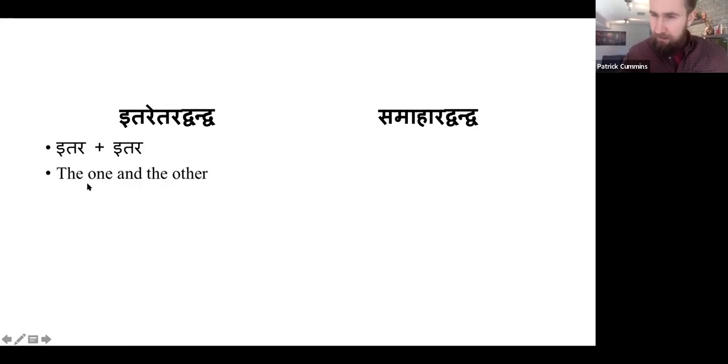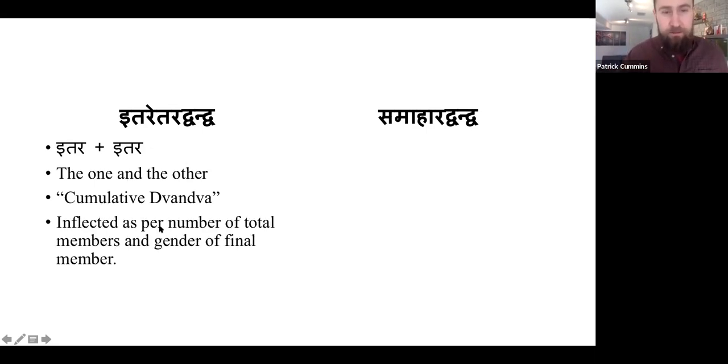And so in Sanskrit they would say the other, where in English we would say the one and the other. And the feature about this category or type, which is referred to as the cumulative dvandva, where you add up the component pieces, is that it's inflected as per the number of the total. So if there are two noun stems, it would be in the dual. If there are three or more, it would be in the plural.